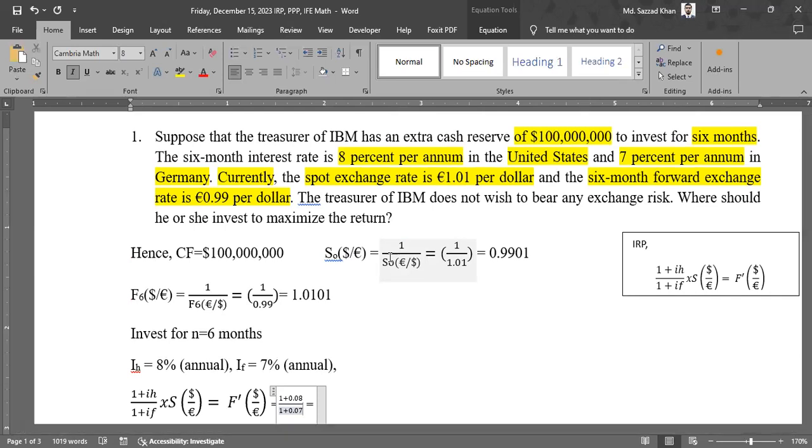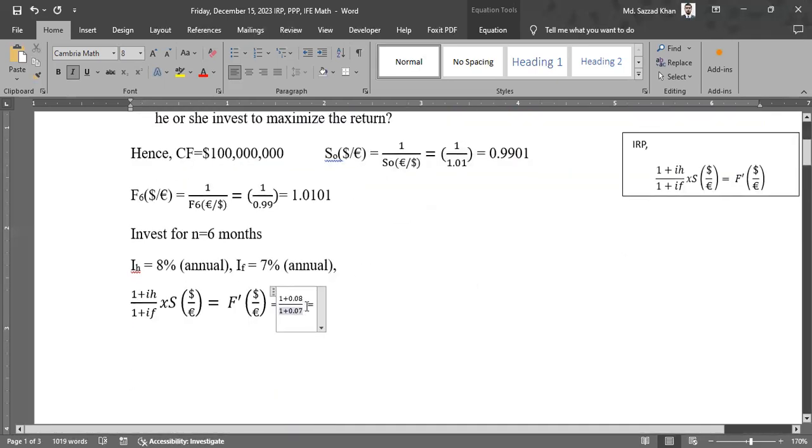It doesn't matter if you compound it for monthly, because if you divide or multiply by 12 times 6 or half, it will cancel out each other, because you're dividing numerator and denominator by the same thing. So it will not have an effect. Okay.